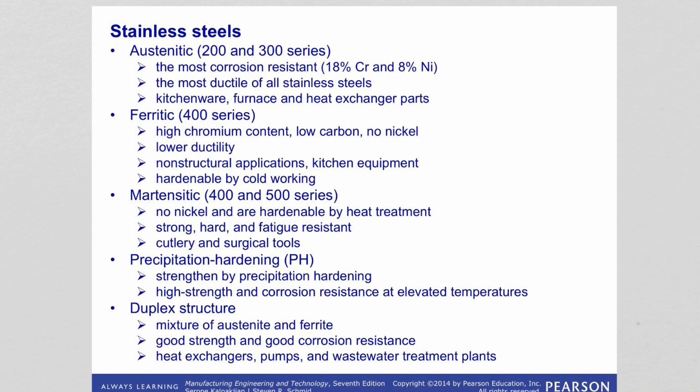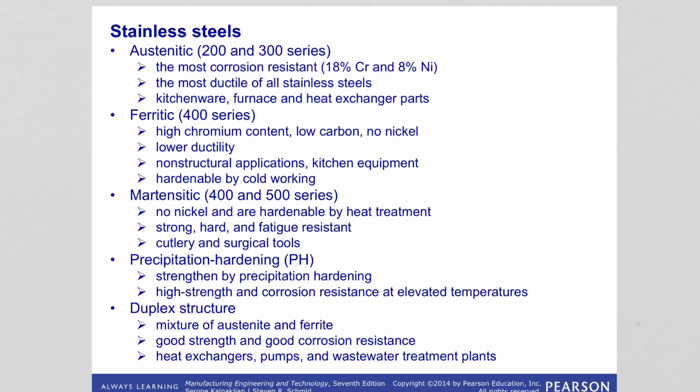Ferritic stainless steel is the 400 series. They have low carbon content, high chromium content and no nickel. This means of course they have a ferrite phase at room temperature.